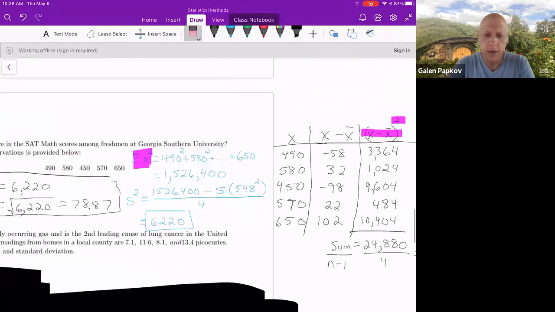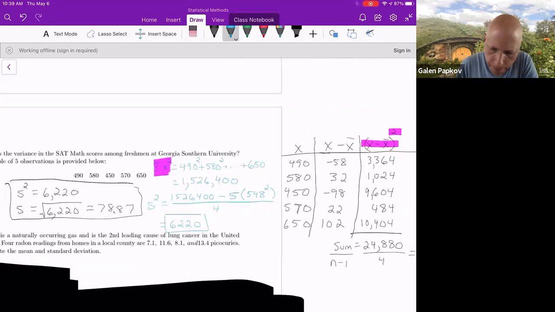Over here, I want the sum of squared values. And so I want 490 squared plus 580 squared plus 450 squared plus 570 squared plus 650 squared. And when you add those squared values together, you get a really big number. You get 1,526,400.